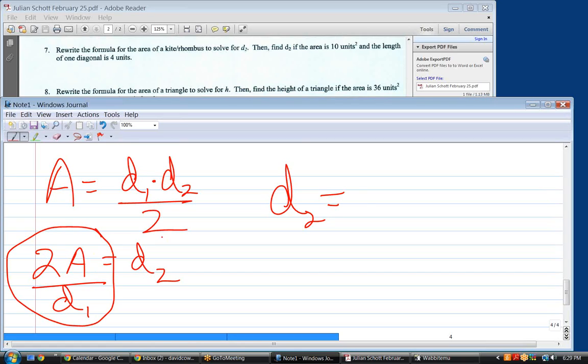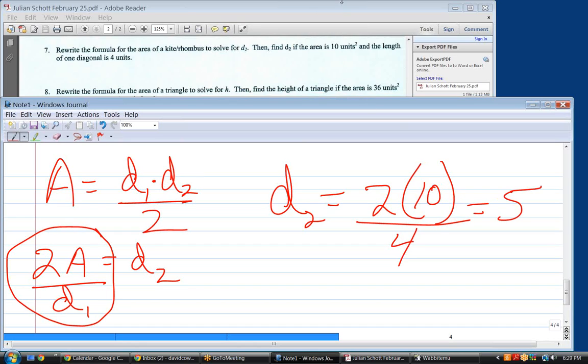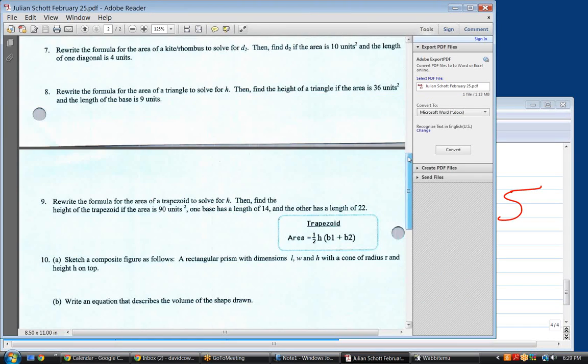It's 2 times A. So it's 2 times 10 divided by D1, which is 4. D2 is 5. Okay.